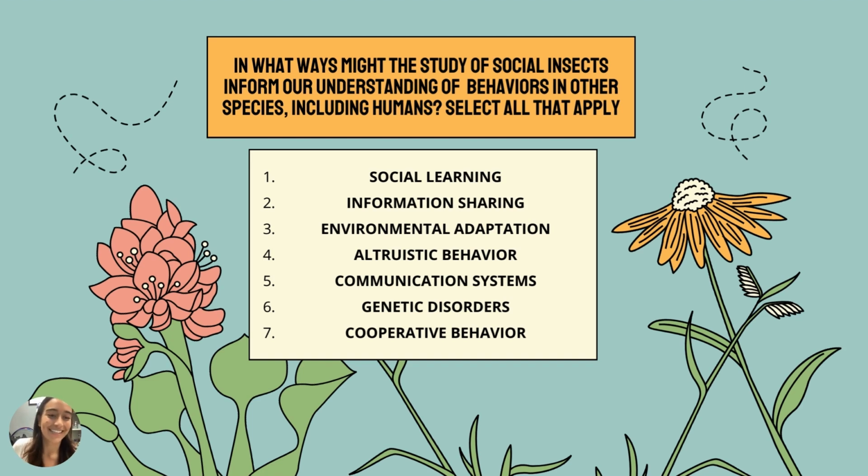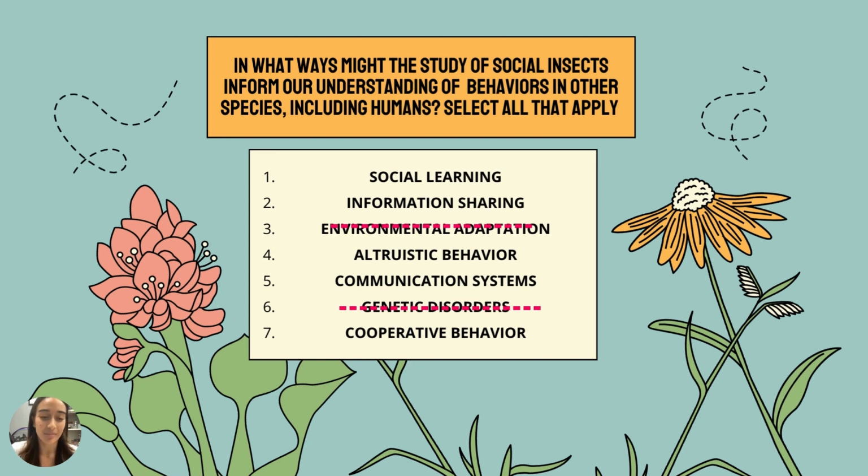And now we ask, in what ways might the study of social insects inform our understanding of behaviors in other species, including humans? Please select all that apply. If you chose options 1, 2, 4, and 5, or 7, then you are correct.